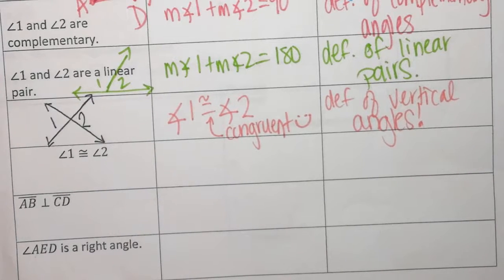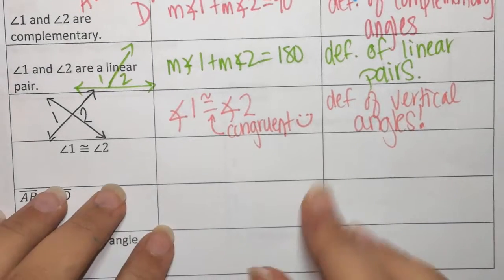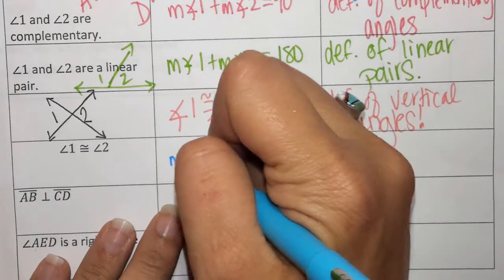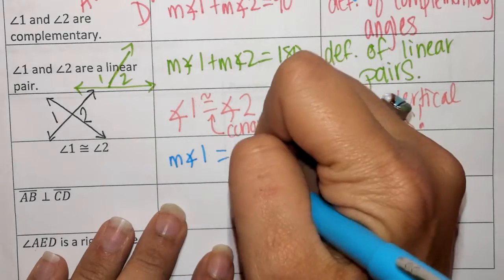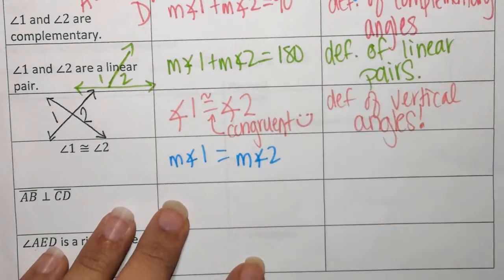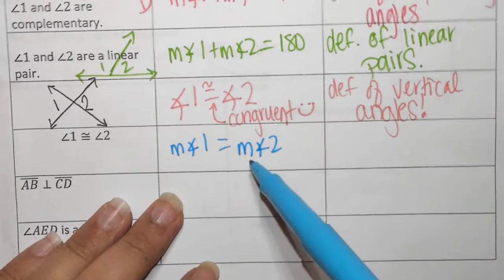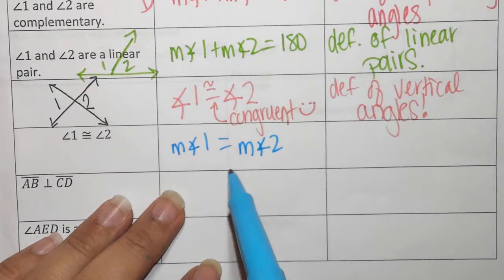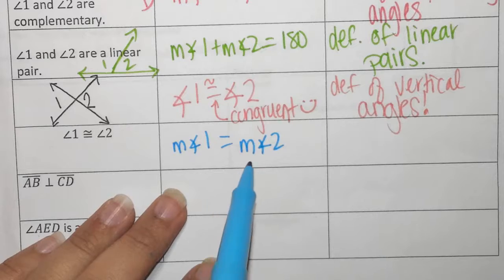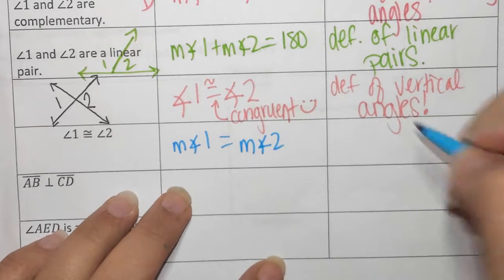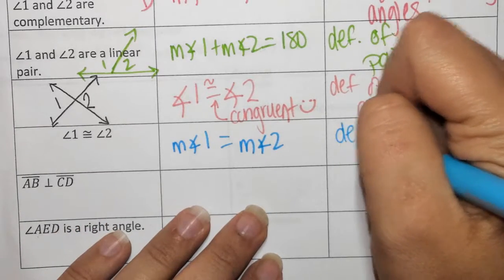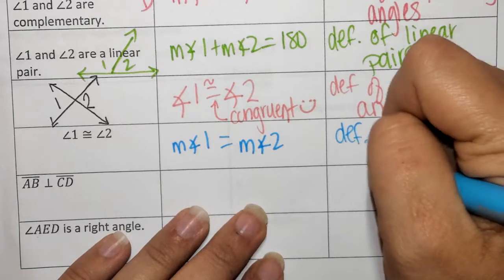What else could we say? The measure of angle 1 equals the measure of angle 2. This M means measure. It's not just a letter hanging out with it. Please don't divide by M. That means the measure. And that's the definition of congruence.